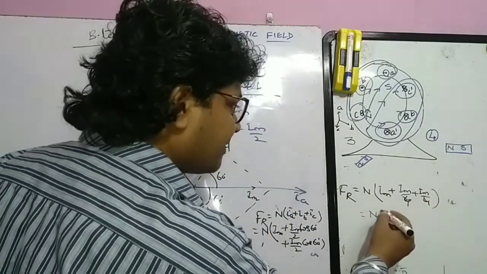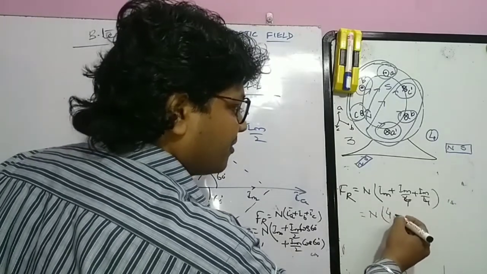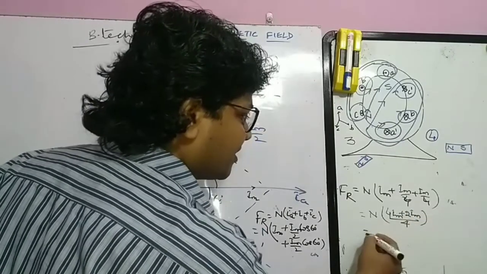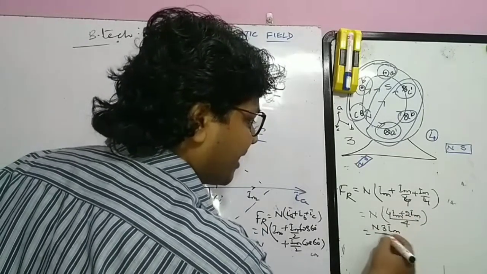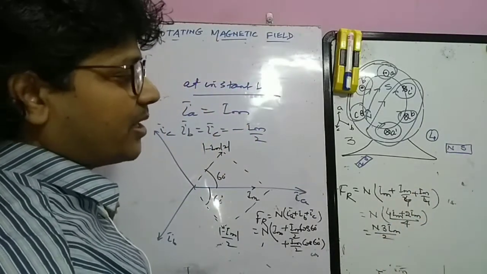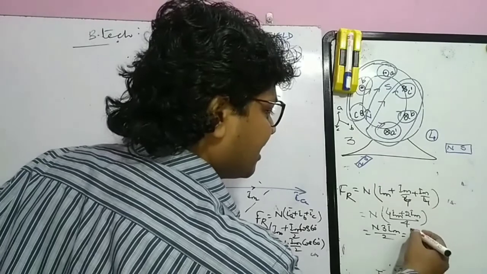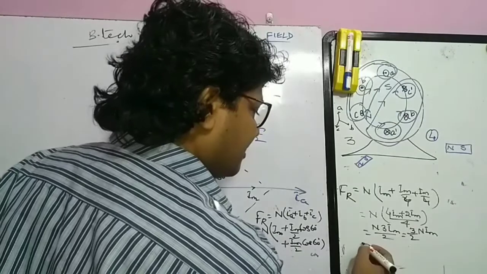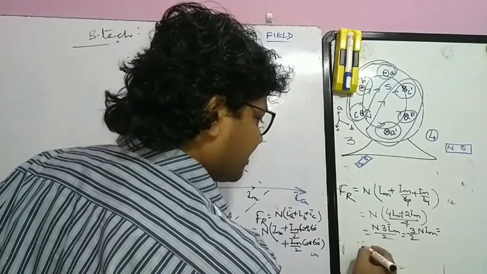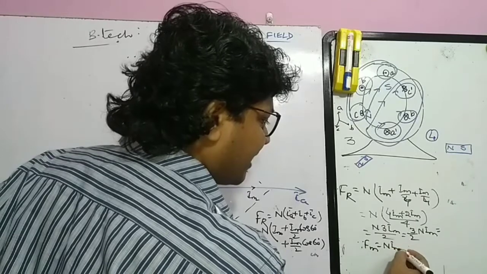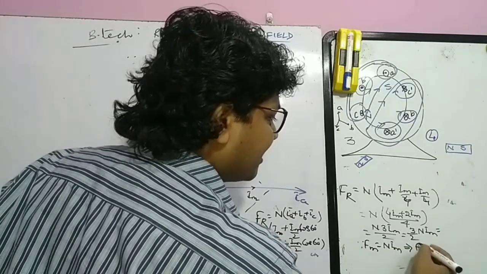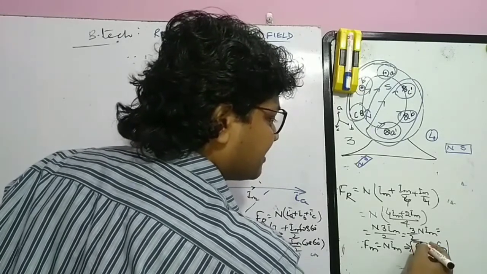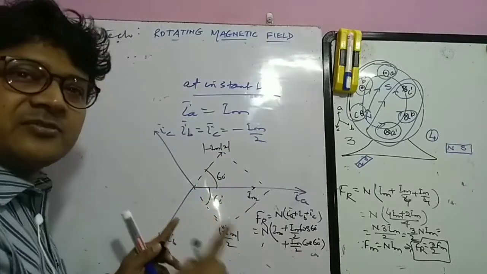So we have got n into 4 Im plus 2 Im by 4, which will be equal to n into 3 Im by 2. 4 to 6, 6 by 4, so 3 by 2. Since Fm is equal to n into Im, this implies that the resultant MMF will be equal to 3 by 2 Fm. This is the resultant MMF of this magnetic field.